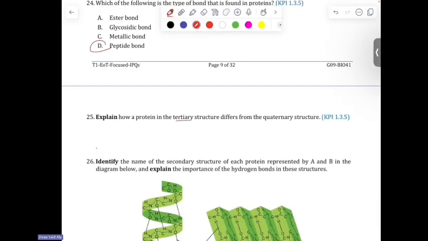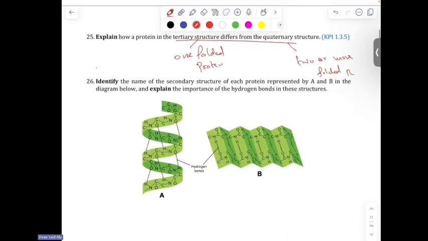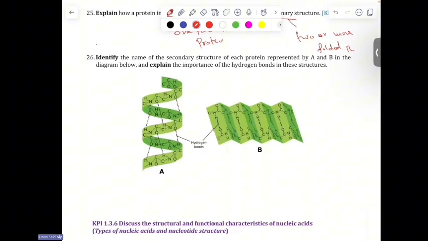Explain how the protein in the tertiary structure differs from the quaternary structure. Tertiary structure here is one folded protein, but quaternary structure is two or more folded proteins, or two or more tertiary structures.